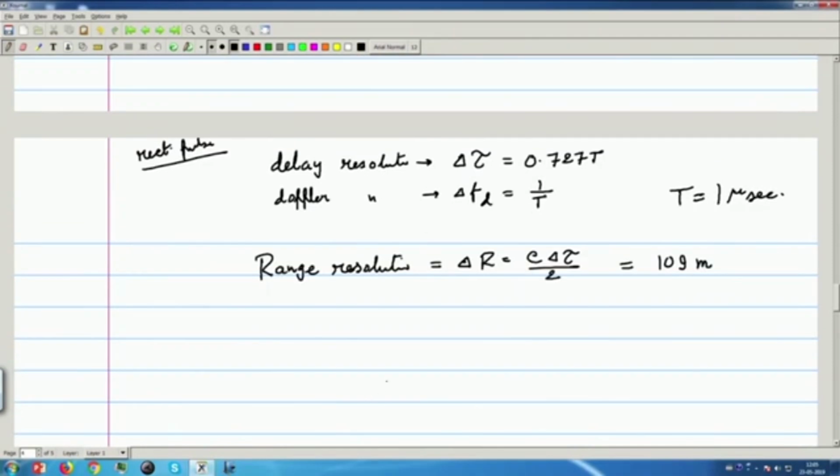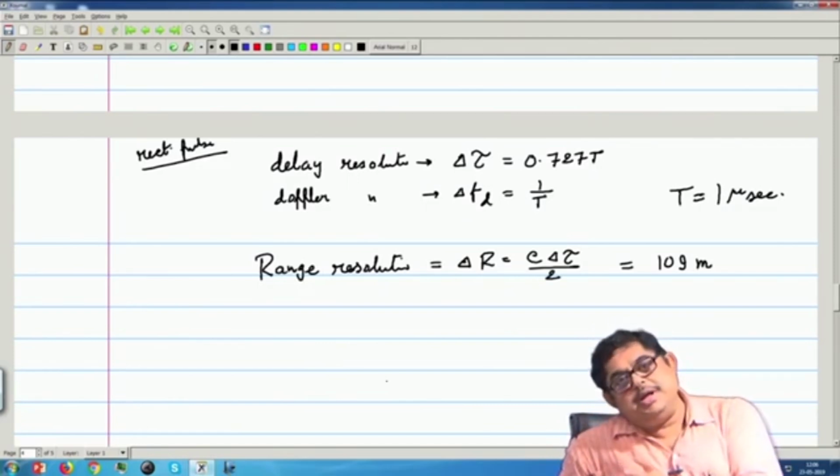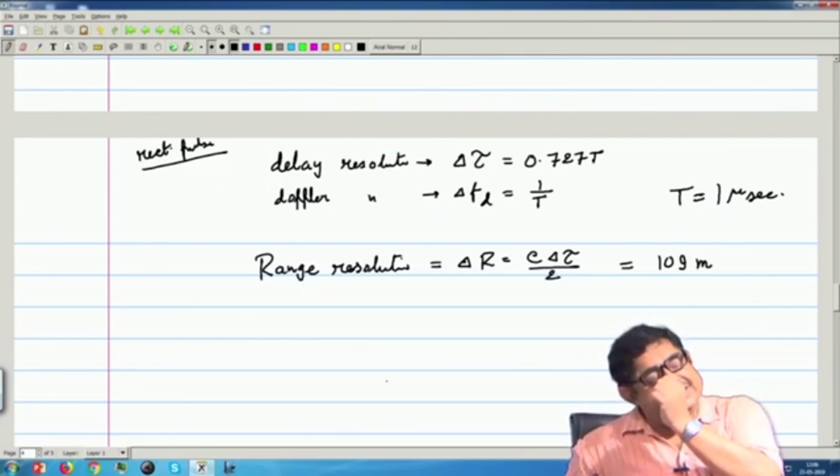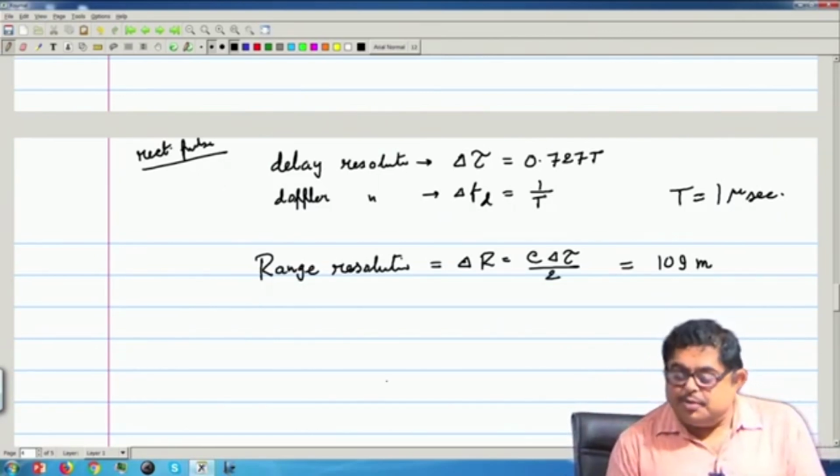The physical meaning of Doppler resolution is that if two targets have Doppler shifts separated by more than this value delta f d, then they will be resolved. If they are less than that, they won't be resolved.